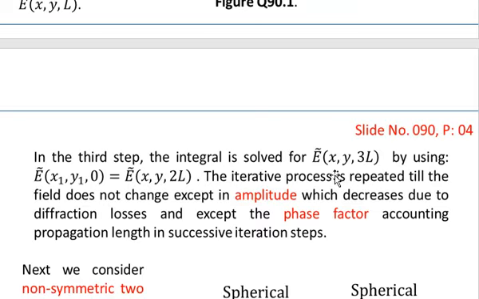The expression of the fields will be the same, but the values of the amplitude and the phase factors will be modified, because the amplitude will decrease according to the diffraction losses, and the phase factor will take care of the propagation length in the successive iterative processes. Except these two quantities, the rest of the quantities will be the same.